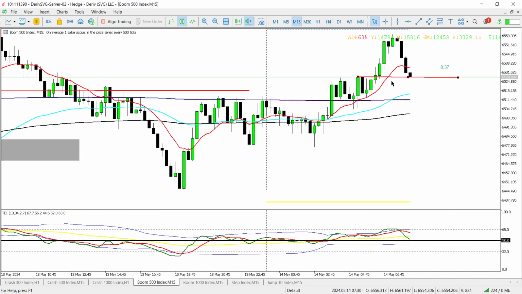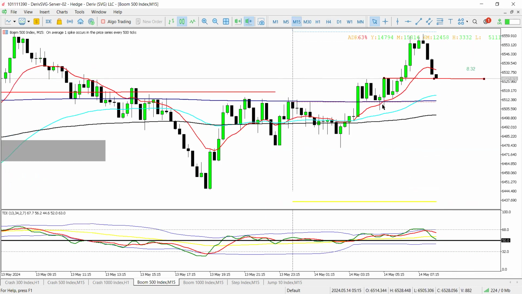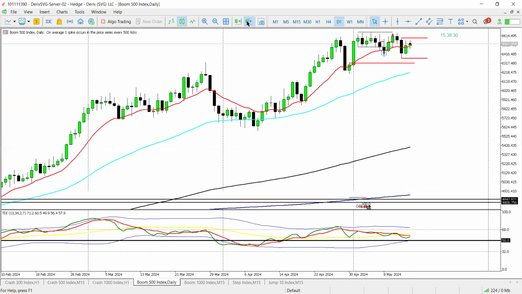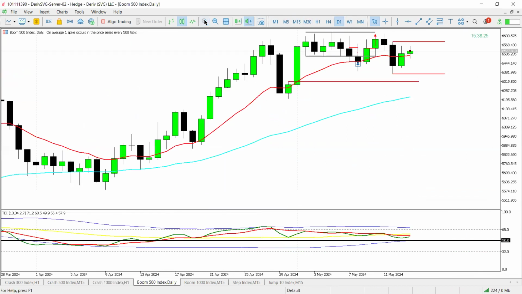On H1, when I came earlier, I noticed this sort of bullish momentum today. You remember we spoke about the daily candle, waiting for the daily to close. We are still trading within this range. Remember, we marked this range yesterday from the day before yesterday. And we're also looking forward to see what price wants to do.